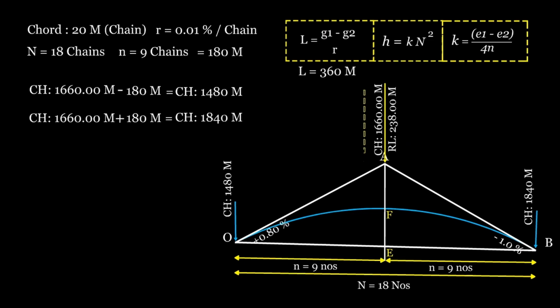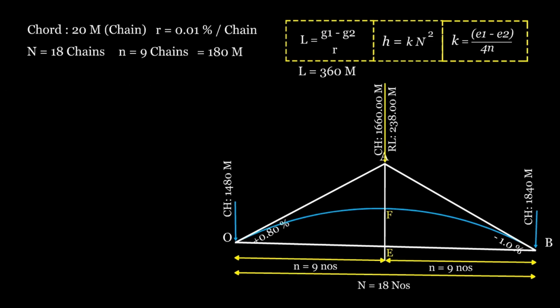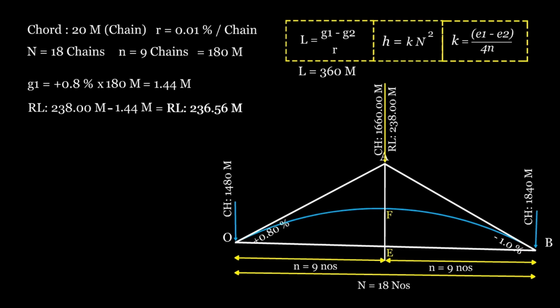Step 3. Find the reduced level, RL, values of the tangent points. For the first tangent point, G1 equals 0.8%. The length of the tangent from the apex is 180 meters. The difference in elevation equals 0.8% times 180 meters, which equals 1.44 meters. The RL of tangent 1 equals the RL of the intersection point minus 1.44 meters, that is 236.560 meters.